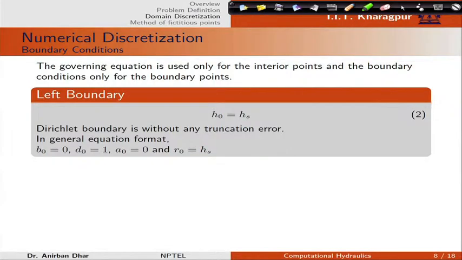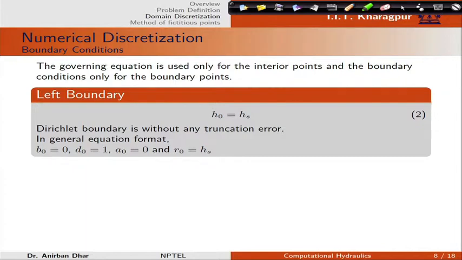Now, let us discretize the boundary condition. The left hand boundary is a Dirichlet boundary. Dirichlet boundary is without any truncation error. In general, the equation format is for the first point x naught.